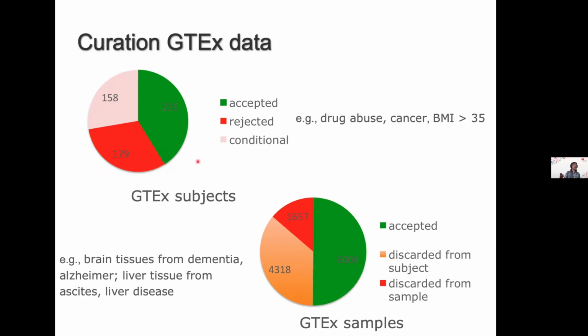And in the samples of those which we did not completely reject, you also had, for example, people who had dementia. We did not reject the other tissues, but we did reject brain tissues as not being healthy. You had people who had liver disease or ascites, which is another liver disease. And in that case, we did not keep the liver data.